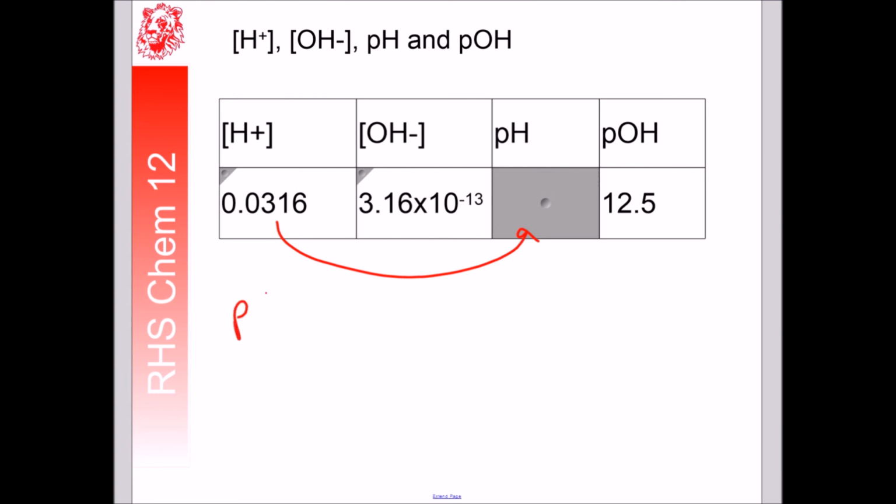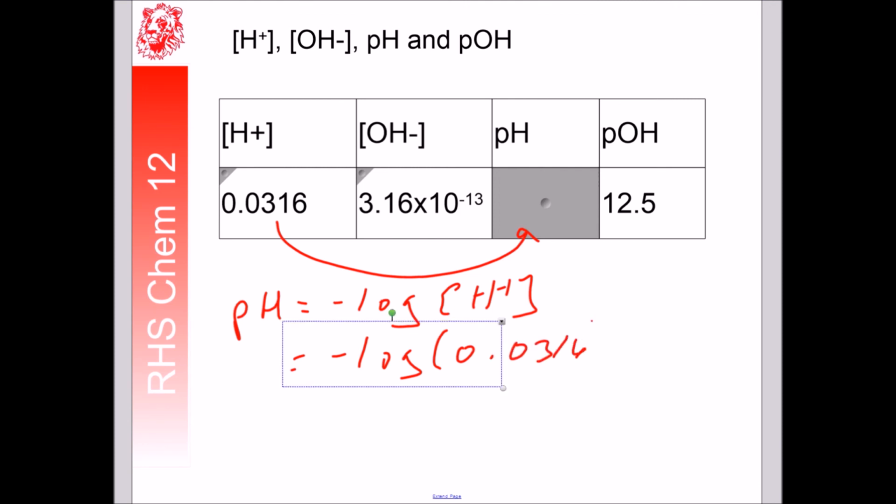And so the pH is equal to the negative log of the concentration of H plus, the negative log of 0.0316, which is really something times 10 to the negative 2, right? 2 decimal points. So I'm expecting something around 2-ish. And so I throw that in my calculator, and out it comes. And 1.5 is reasonable. Thank you very much for your time.